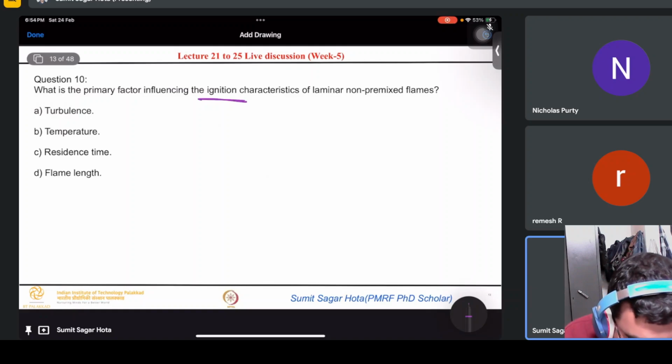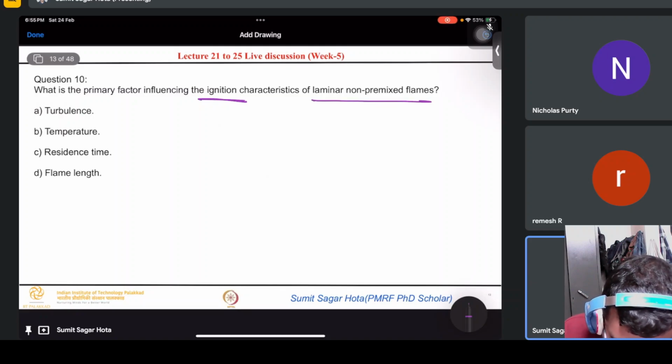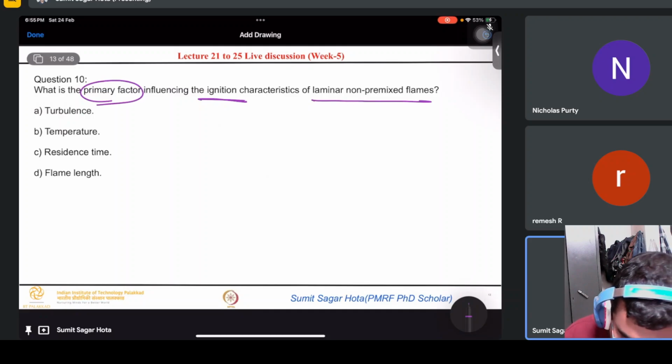Having different auto ignition temperatures for different types of fuel. We need to find out the primary factor.